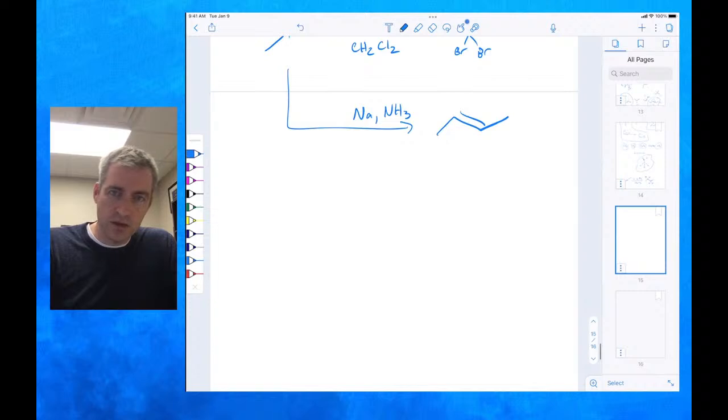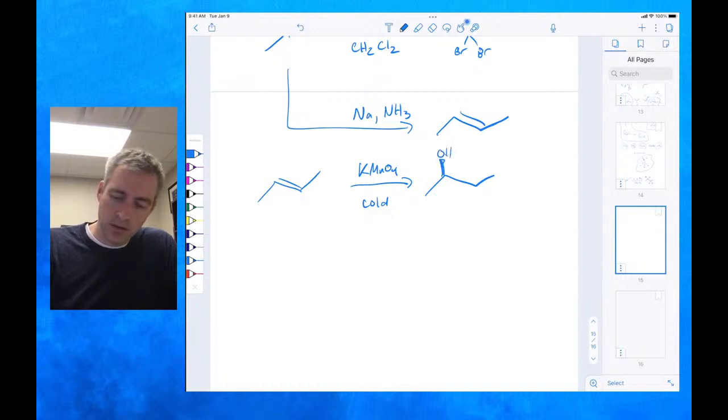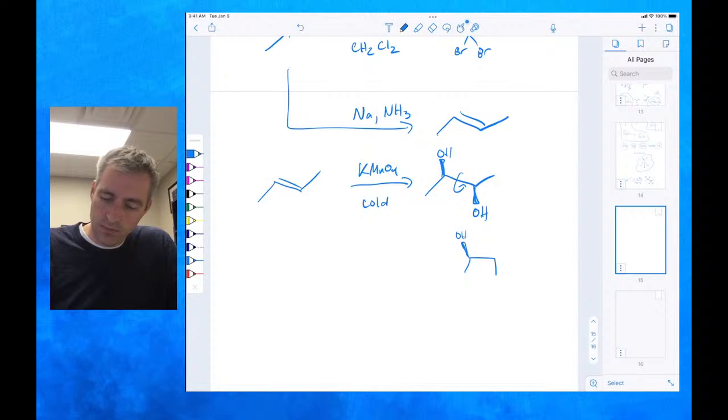The next one was this using KMnO4 conditions and cold. This will make, where if you rotate that around, this one's chiral.